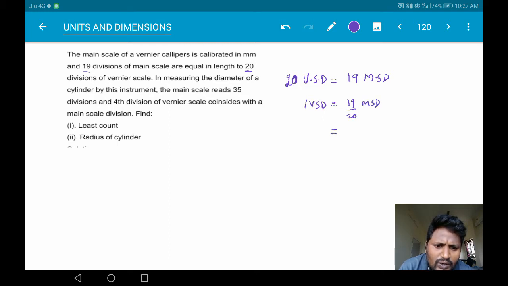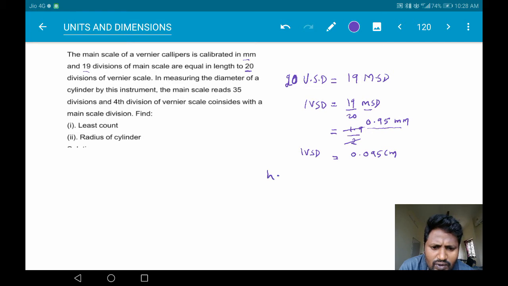So 1.9 by 2, so 0.95 millimeter, because it is given in millimeter calibration, that's why I am writing 0.95 millimeter. Or if you want to write it in centimeter, you can write 0.095 centimeter.